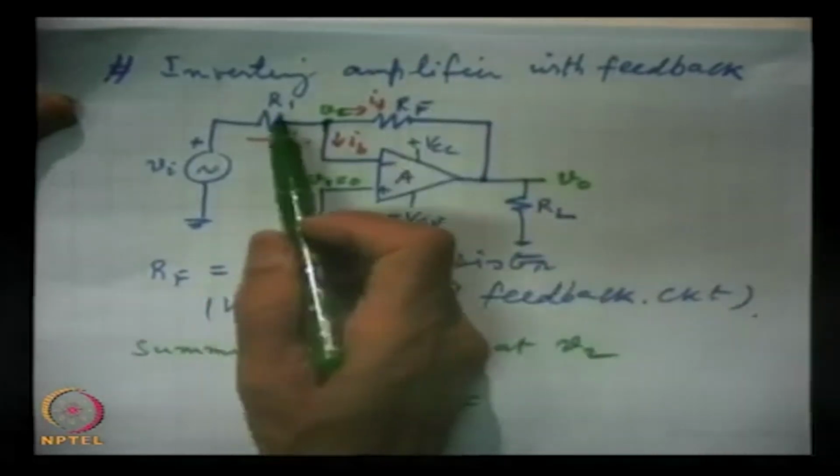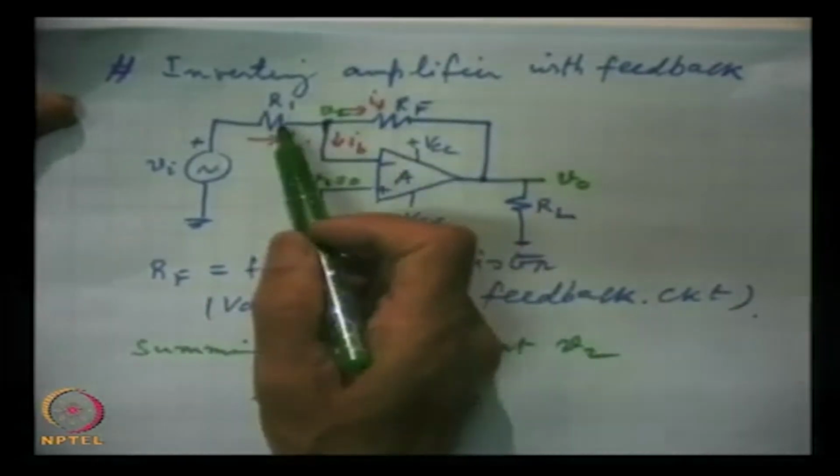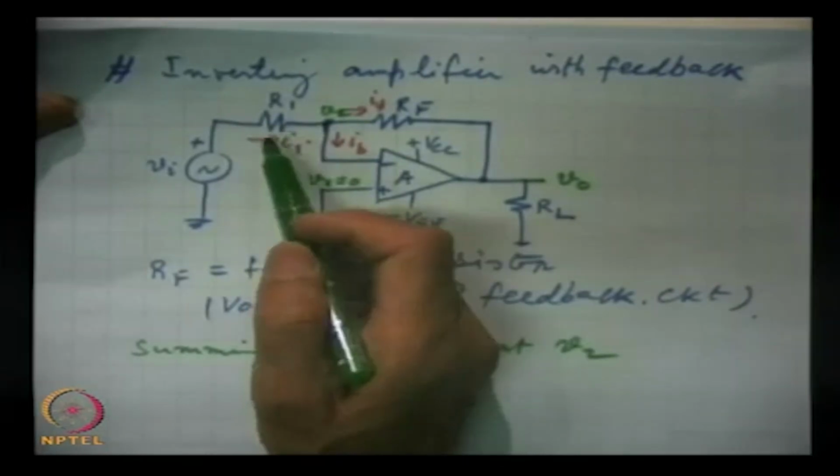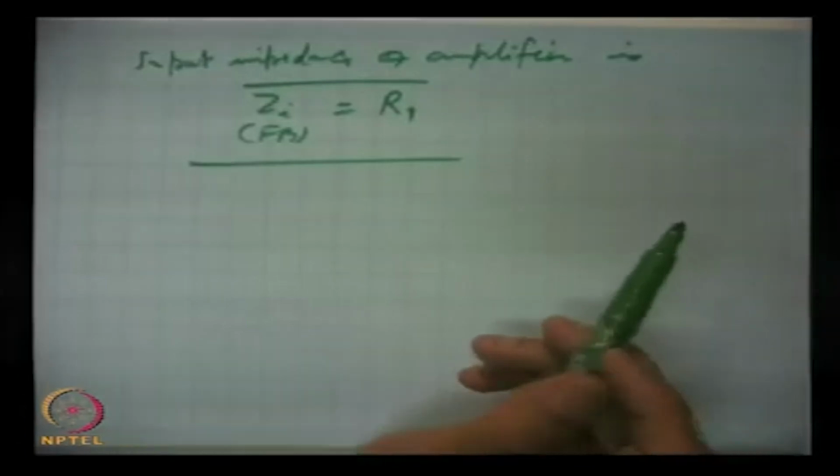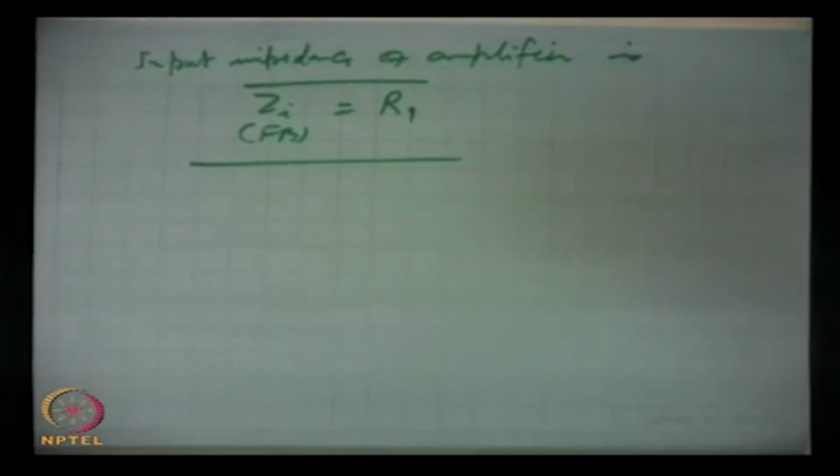And 5K R1 will give input impedance of 5K and gain of 20. Very simple design, and that is one reason for the popularity of op amp.